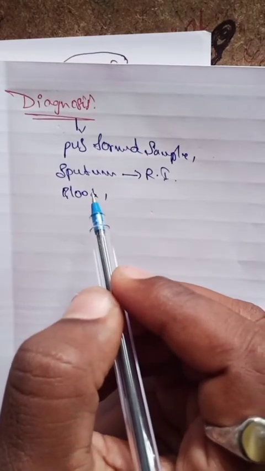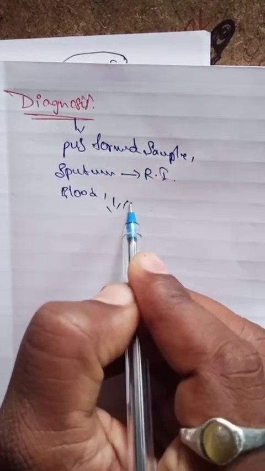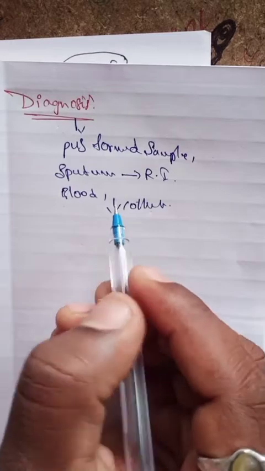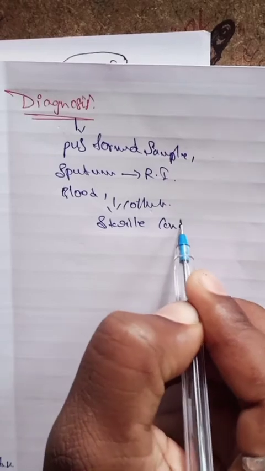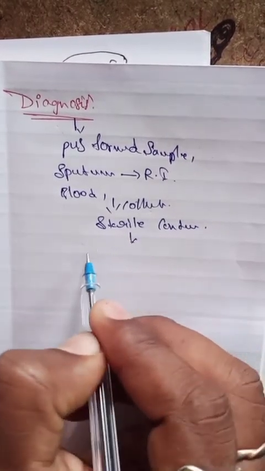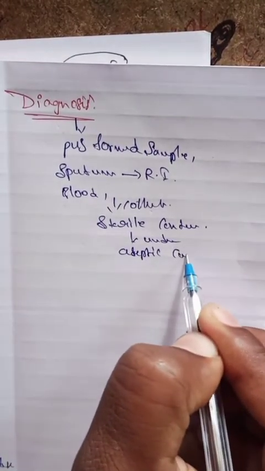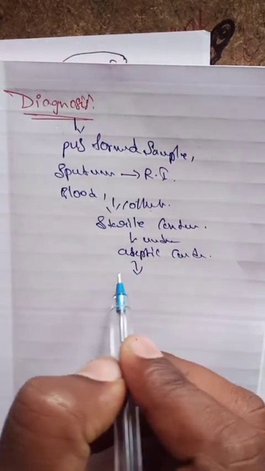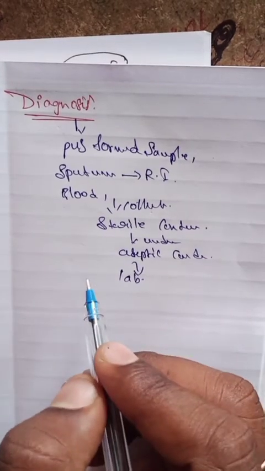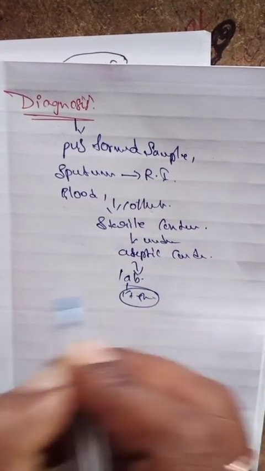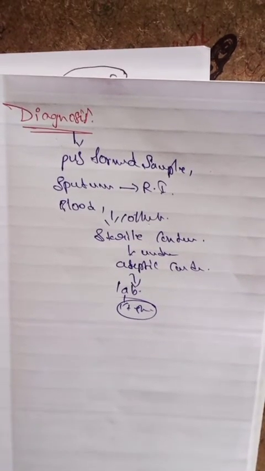The specimens should be collected in a sterile container under aseptic condition, and transported to the lab immediately. Different tests are done, such as Gram positive, Gram negative, acid-fast staining. So this is the lab diagnosis.